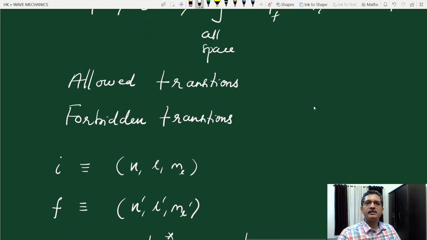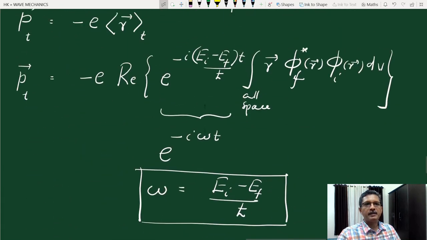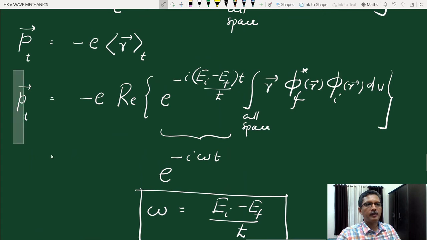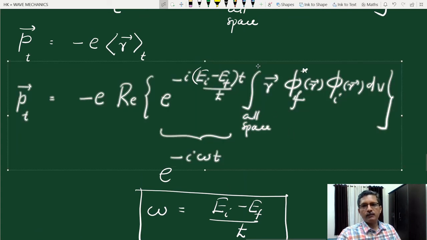And one more point is that when you look at this integral, the expression for the dipole moment, the time dependent part of the dipole moment involves this integral, right? Now, if this integral is 0, it is forbidden. That means the time dependent part of the dipole moment is 0.